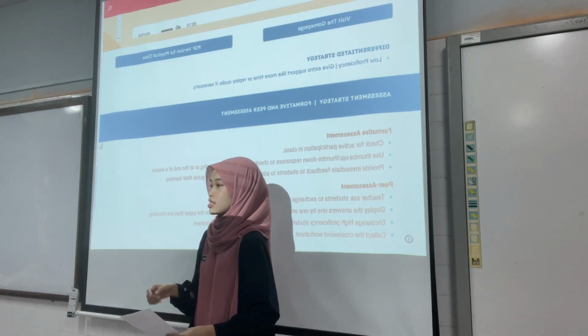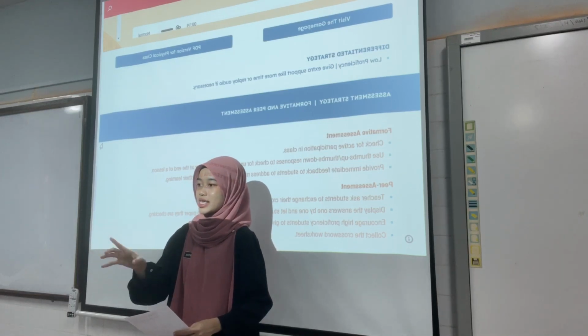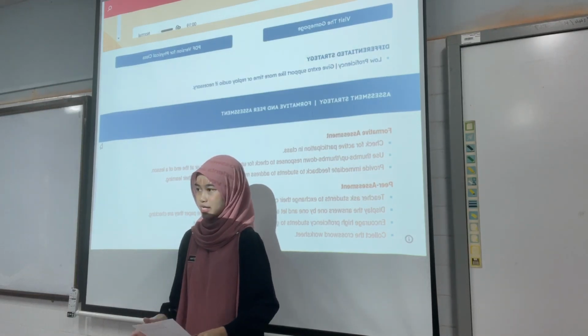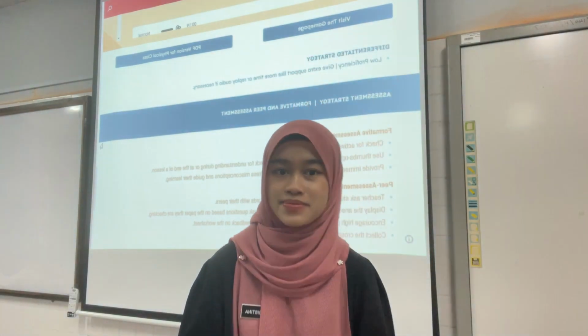However, in this word in particular, it is B-E-A-C-H, beach. Now let's move on to the second answer. Then you should also collect the crosswords so that you can add more feedback afterwards, and also to help you keep track of your students' progress.